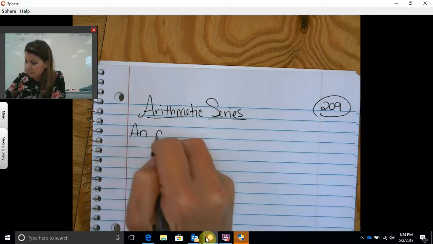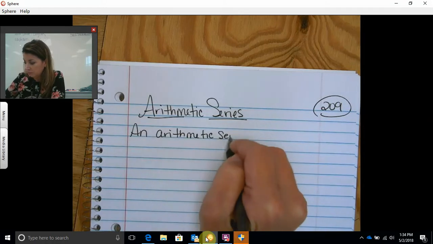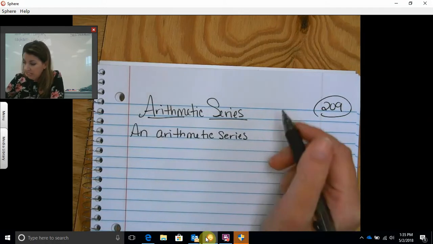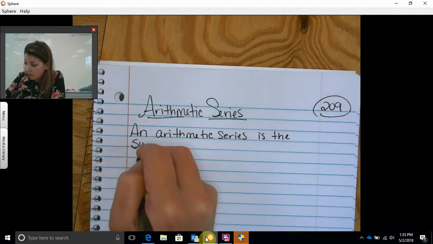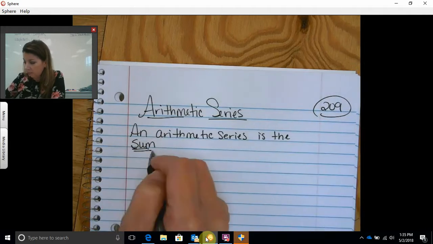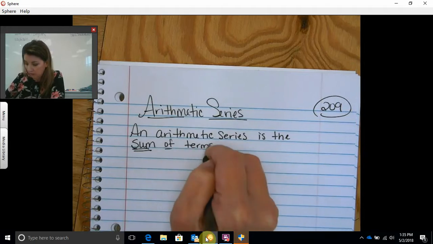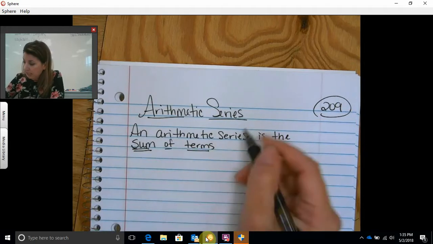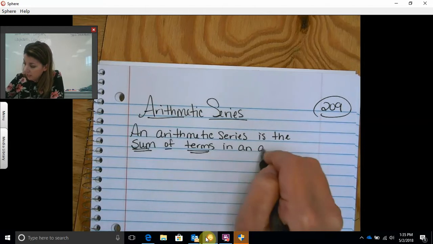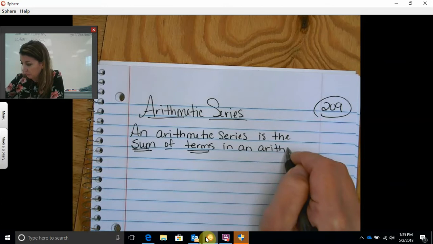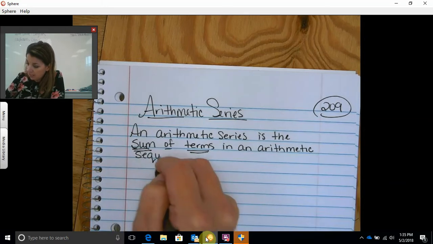An arithmetic series is the sum, when you add the sum of terms in an arithmetic sequence. So in a sequence, you're not adding anything together.